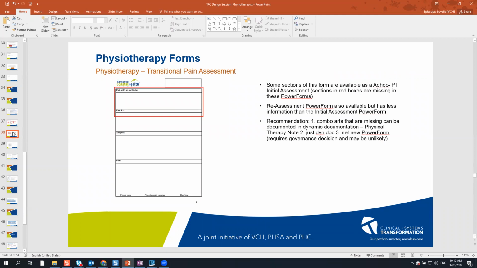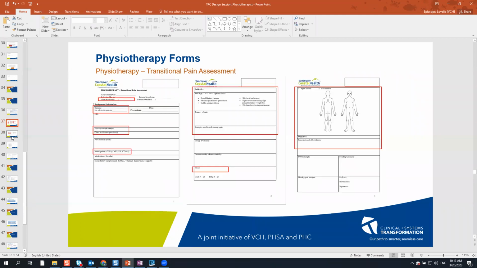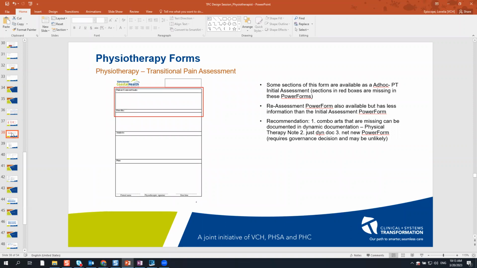So a lot of it's pretty much half the form here. Some of it is available as a power form, the PT initial assessment power form, as well as the reassessment power form. So again, these would be different options that you have.